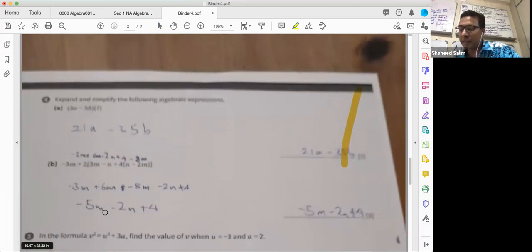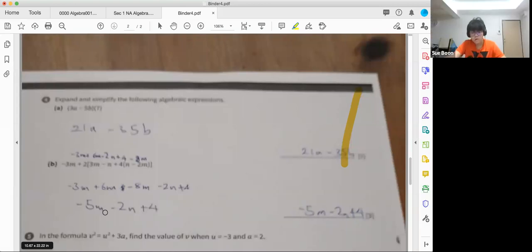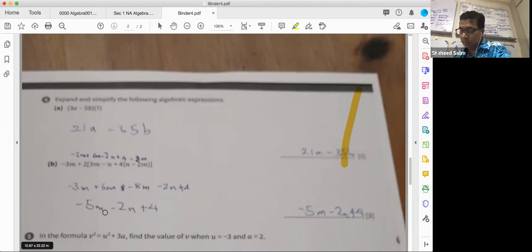Next one, you see the answer is minus 5M minus 2N plus 4. This is number 4. Let us see then. Okay, I'm just gonna remember your answer.